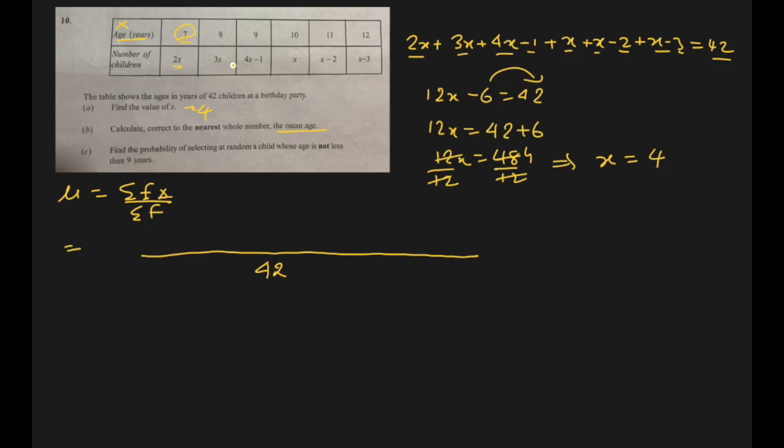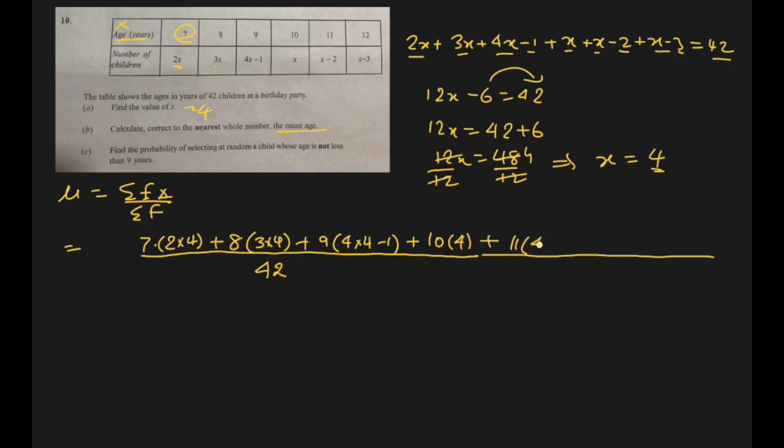7 times 2x, and 2 times 4 will be 8, so 7 times 8, plus the second one, 8 times 3x, 3 times 4, plus 9 times 4 times 4 minus 1, plus 10 times 4, plus 11 times 4 minus 2, plus 12 times 4 minus 3.